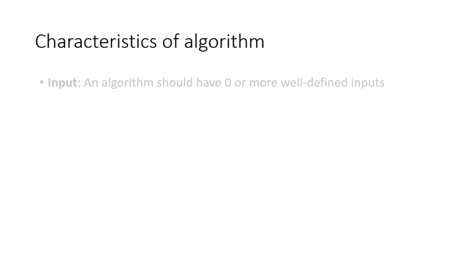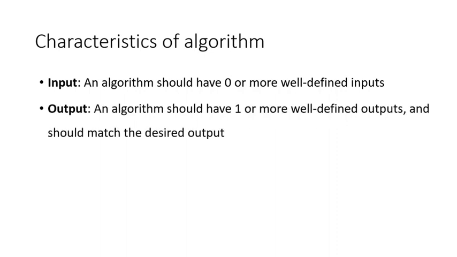The first one is input. Whenever you have a problem, that problem must have input. An algorithm should have 0 or more well-defined inputs. Next, output.